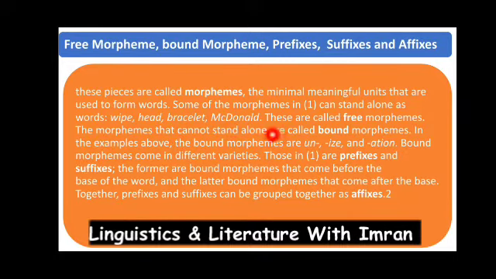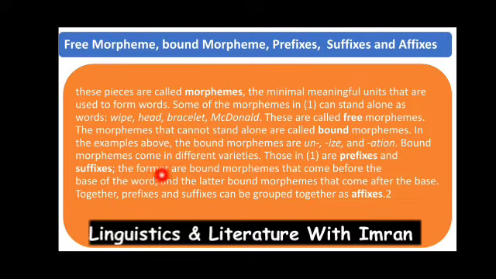The morphemes that cannot stand alone are called bound morphemes. Like in the example above, the bound morpheme is un. Un needs another morpheme to have meaning, so un cannot stand alone. Similarly, iz cannot stand alone, and ation can also not stand alone.